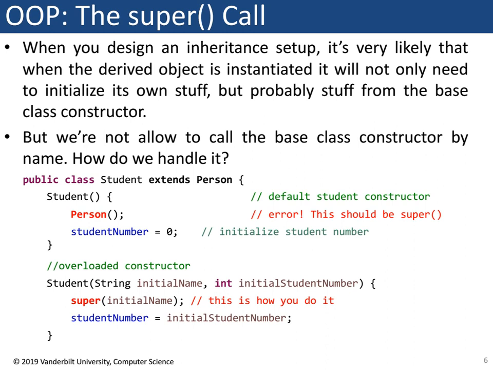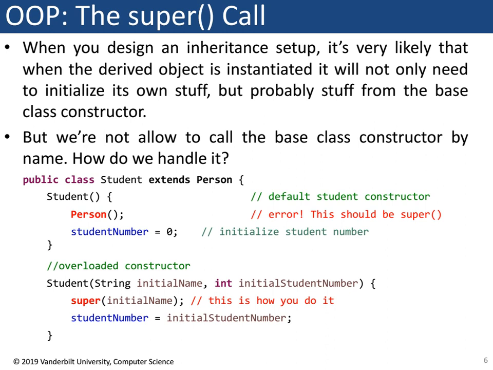We can't call it by name. This won't work. So if we were to attempt to call the constructor for the person object using the name person, this is going to throw an error. Instead, we refer to this superclass by using the keyword super.